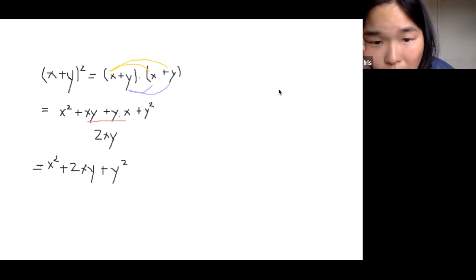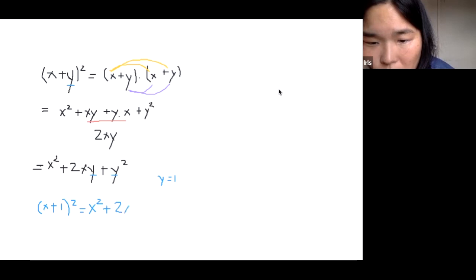Now, if you plug in y equals 1, what we just did looks like this: x plus 1 squared, because I'm plugging y equals 1 everywhere. That is equal to x squared plus 2x plus 1.